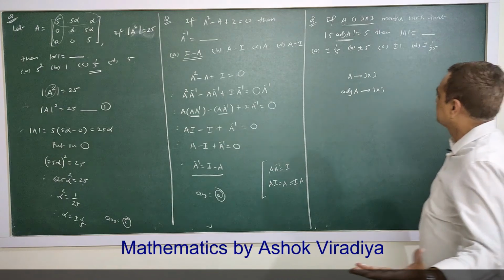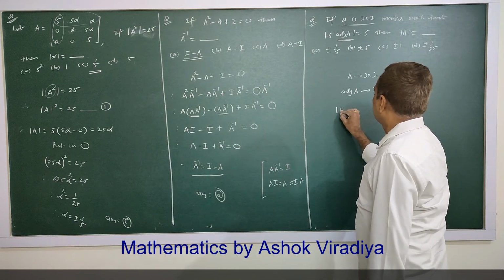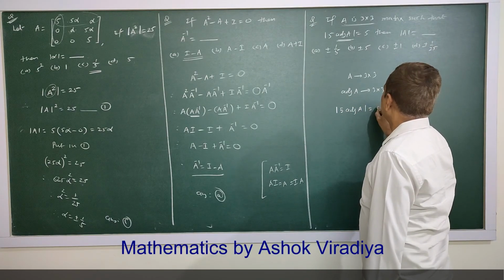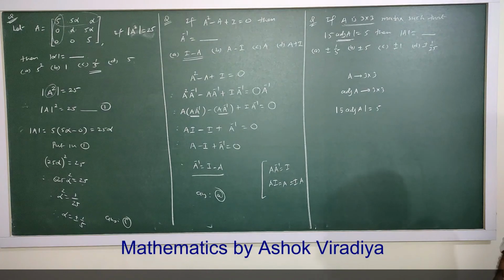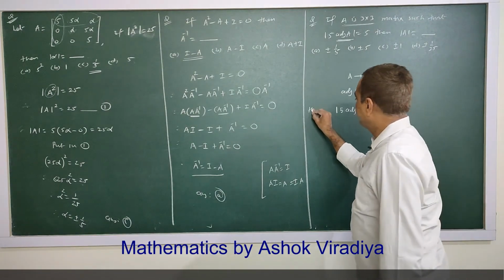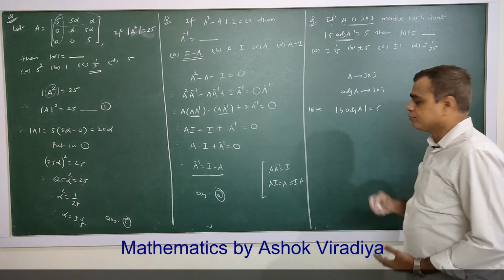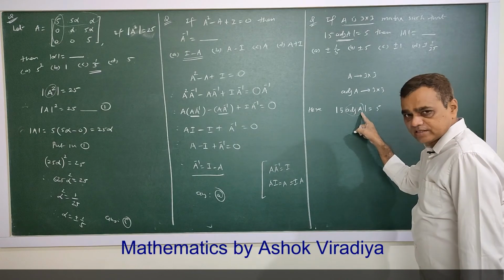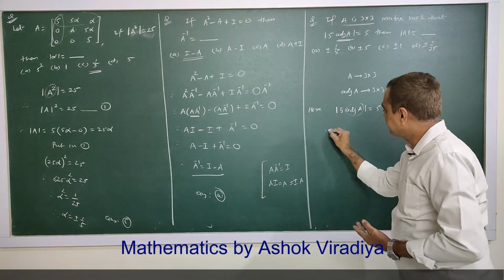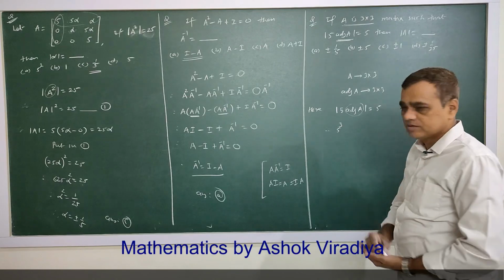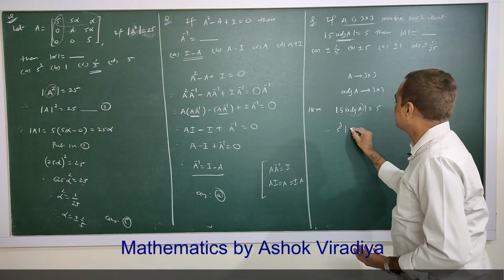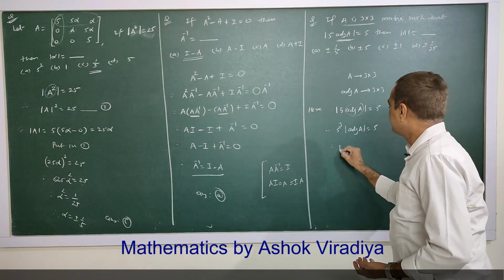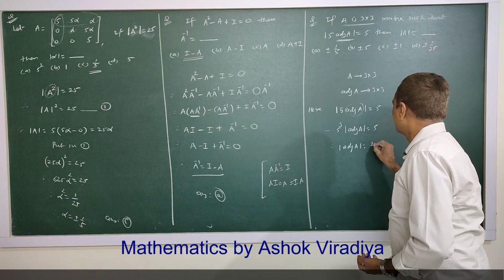Now given that the determinant of 5 times adjoint of A is equal to 5. Because this is a 3 by 3 matrix, if I take 5 outside, then it will come as 5 cube times determinant of adjoint of A. So determinant of adjoint of A is 1 upon 25.